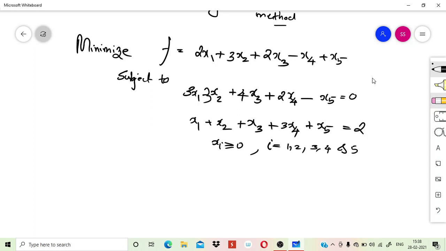So before this, if you observe this problem, you will observe that all these constraints contain an equal to expression. So these are equations, not linear inequalities like less than or equal to, greater than or equal to, right?